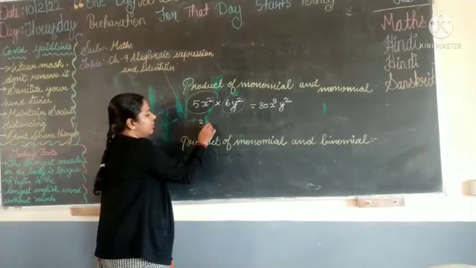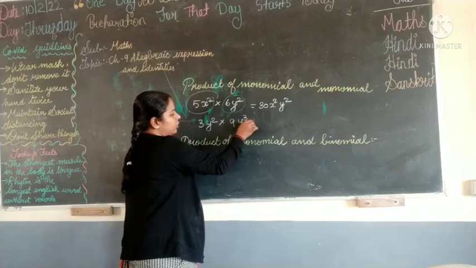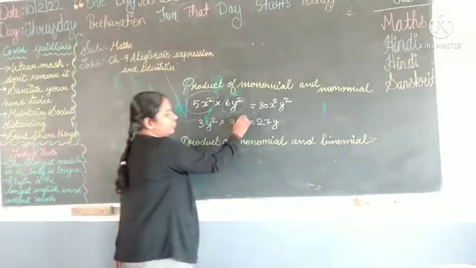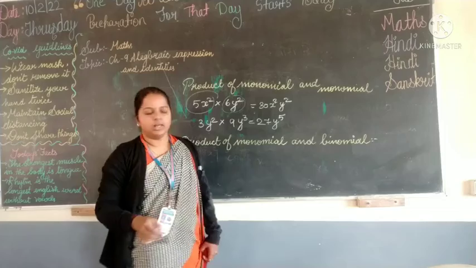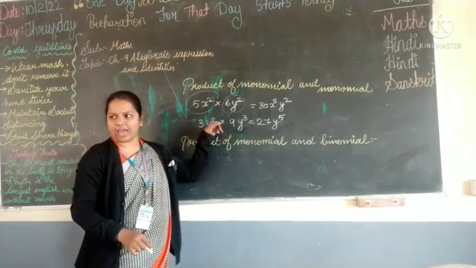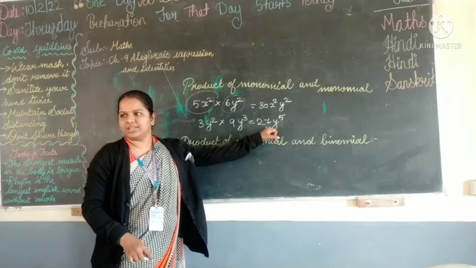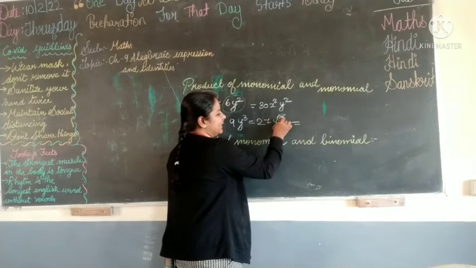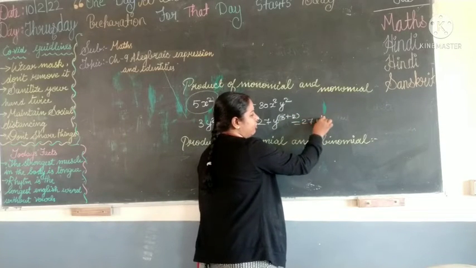Similarly, 3y square into 9y cube is 9 times 3, which is 27, y to the power of 5, because we add the powers. In the exponents chapter you learned that when the base is the same, you add the powers. So 3 plus 2 gives 27y to the power of 5.